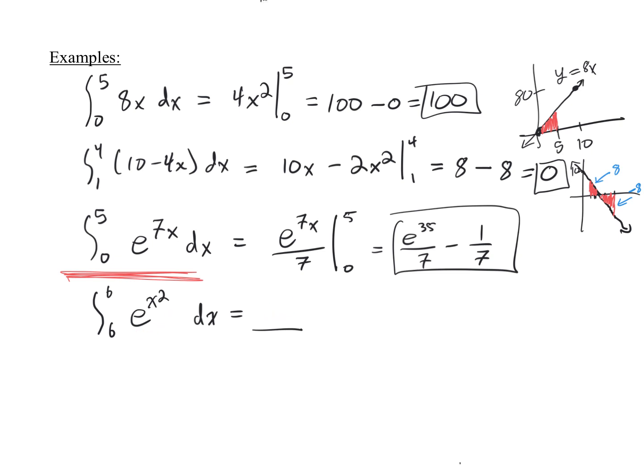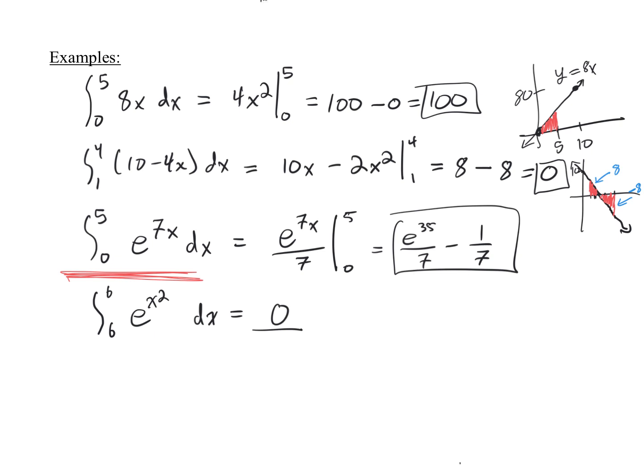This is a classic example of a function that's fairly simple that just doesn't have a nice written out antiderivative. But even still, even though we don't know what the capital F function would be, if the lower limit and upper limit of integration are the same, then we know what this answer is. The answer's got to be 0.